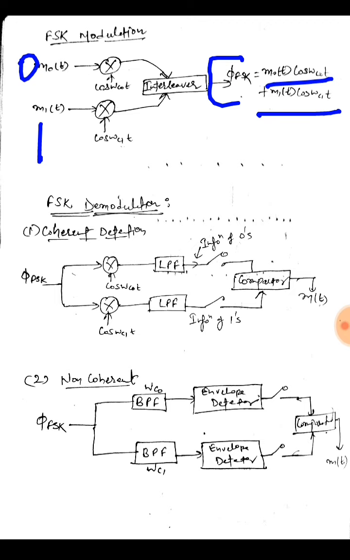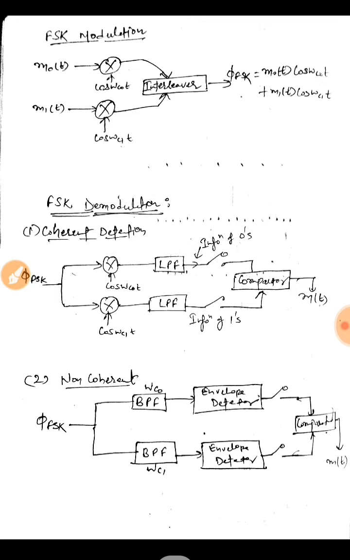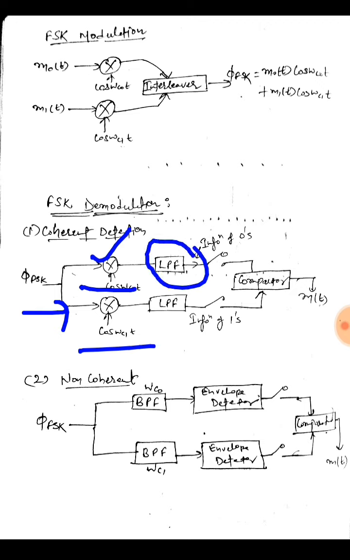Okay, now we need to demodulate it, that is we need to receive it. So again we can have two detection processes, that is coherent or synchronous, or non-coherent. In coherent we would need the carrier frequency at the receiver end also. So we would feed the system our input, that is a frequency shift keying wave, to the multiplier, and also provide the carrier signal at the receiver end, and whatever we get we will pass it through the low pass filter.